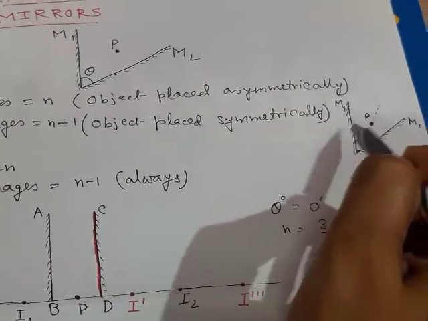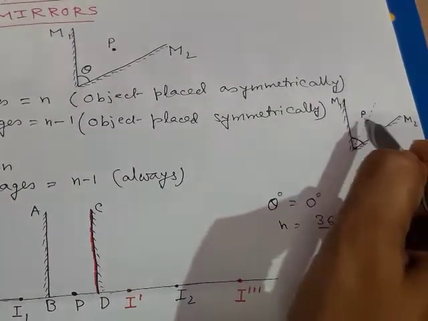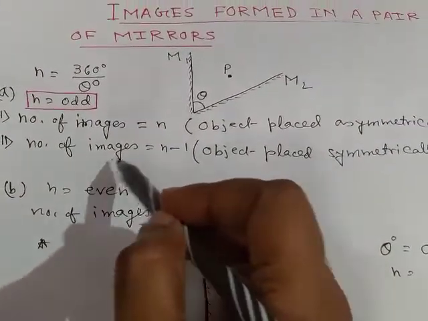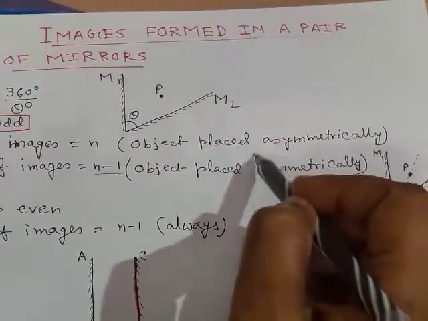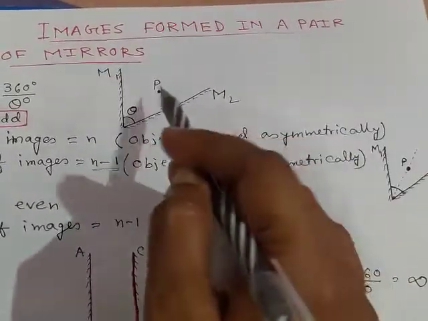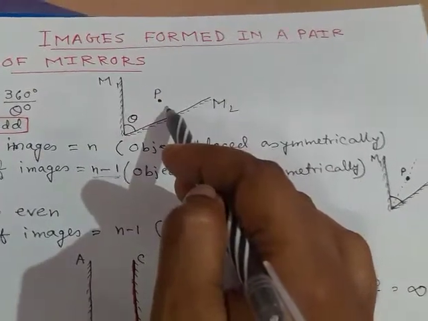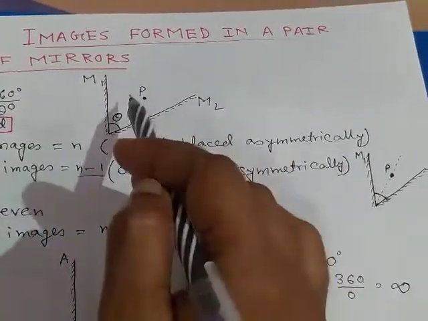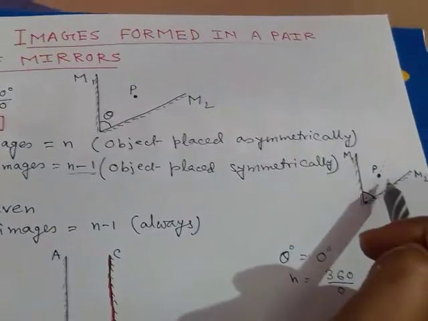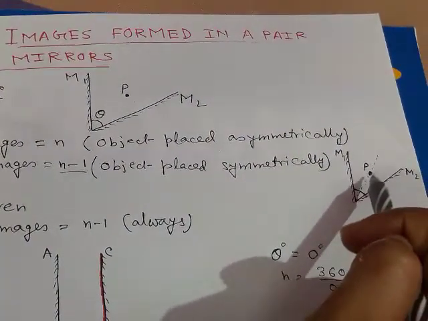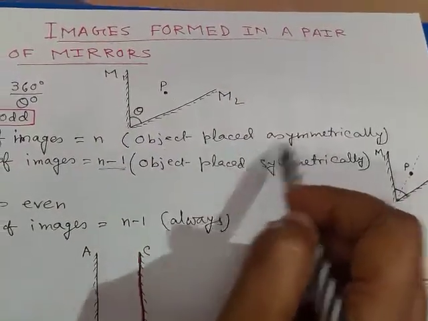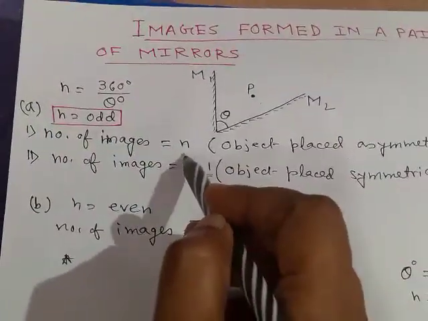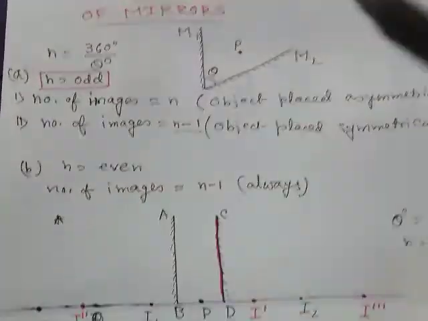So if the object is placed in between the two mirrors symmetrically, then we will get n minus 1 images. But if the object is placed asymmetrically, that is, placed in between the two mirrors at any other place but not over the bisecting line, then we will get n images.